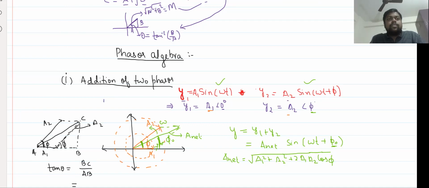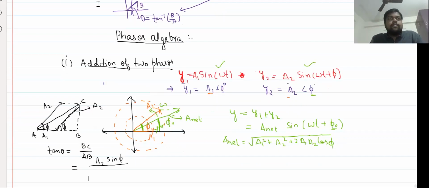So BC you can write as this length, that is A2 sine phi, by denominator AB you can write A1 plus this length.